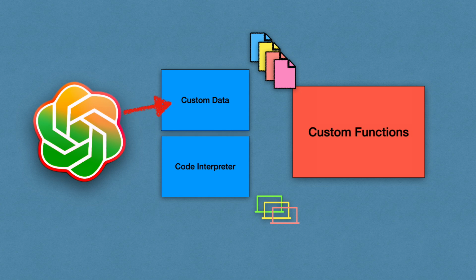Last but not least, and this is something that I'm going to be talking about as well, you give it an ability to execute custom functions or external functions. Now, initially, when these AI assistants were launched, it was an amazing thing because now you can essentially fork your own ChatGPT, give it your own custom data, and also give it the ability to write and execute code as well.